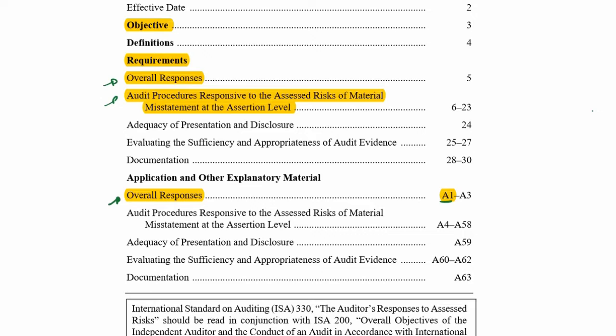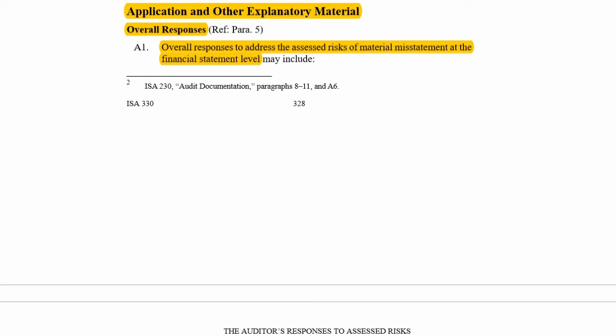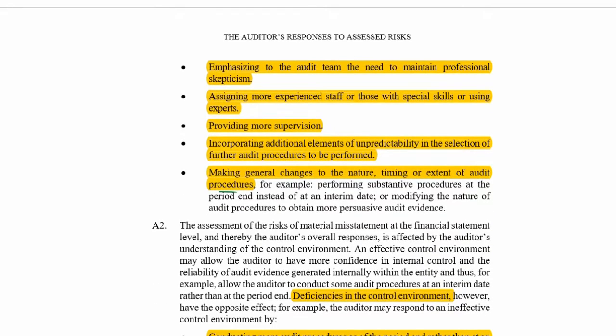So A1. And A1 says for the overall responses, you need to emphasize to the audit team to maintain professional skepticism, assign more experienced staff or experts, provide more supervision, incorporate elements of unpredictability, and then make general changes to the nature, timing, and extent of audit procedures.